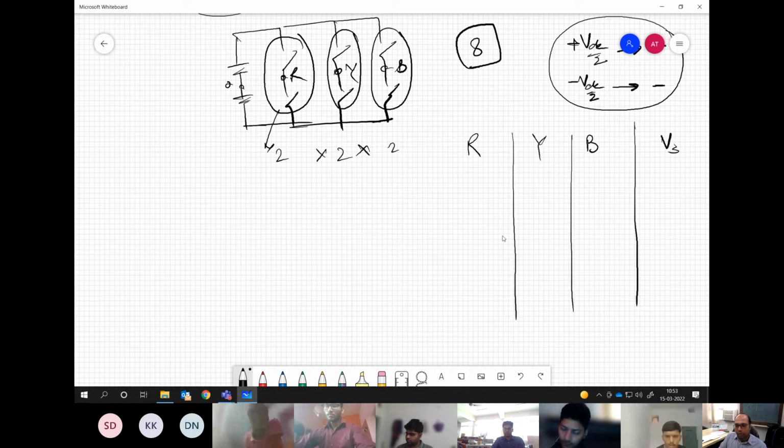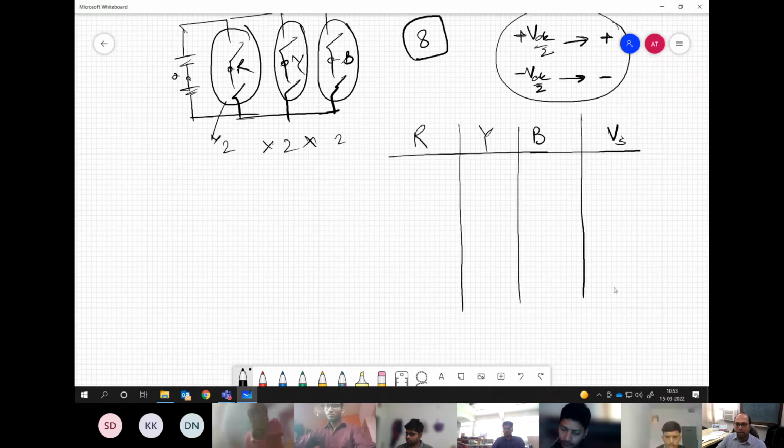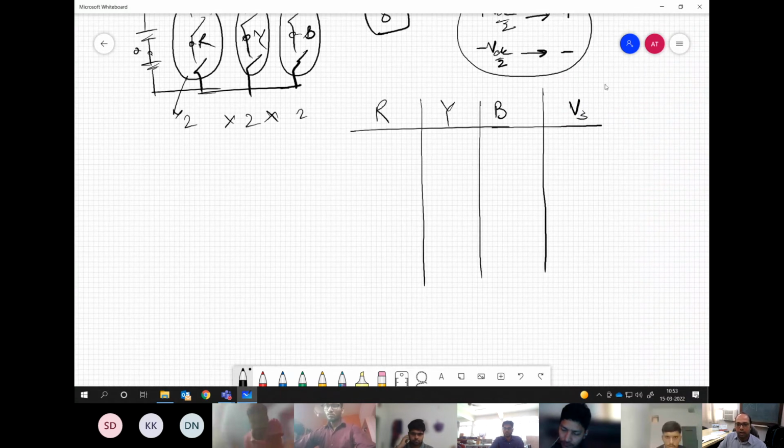Now let us try to work out the possible voltages and the corresponding voltage vectors. Let us start with the state minus, minus, minus. All three are connected to the negative DC bus, which means the output at R, Y, B is minus VDC by 2. Then we go to the next state.